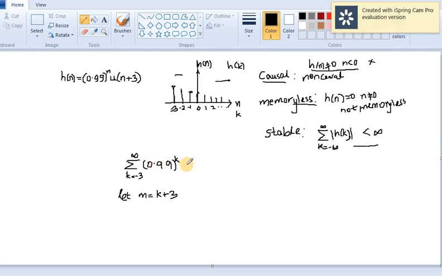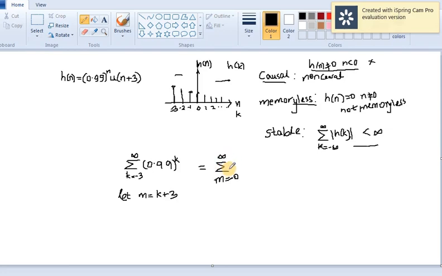So this summation will become, now it is with respect to m, and when k is equal to minus 3, our m becomes 0. Our m runs from 0 to, when the value of k is infinity, m tends to infinity.